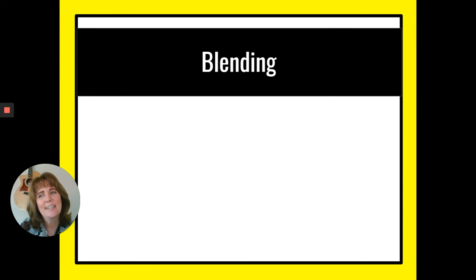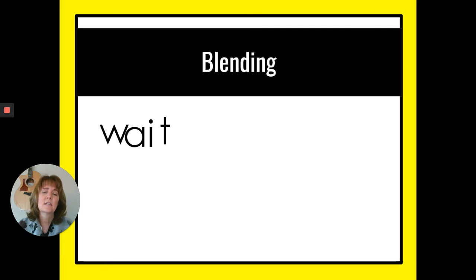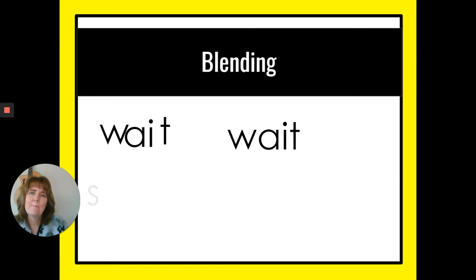Now we're going to practice blending some sounds. That was my cat, guys, sorry. We're going to practice blending some sounds. What sound does this letter make? W. Good. Oh, and there's that A-I. We know that when they're together, they make one sound, A. So we have W, A, T. Wait. Good job. Let's try it again. There's the S. What sound does S spell?